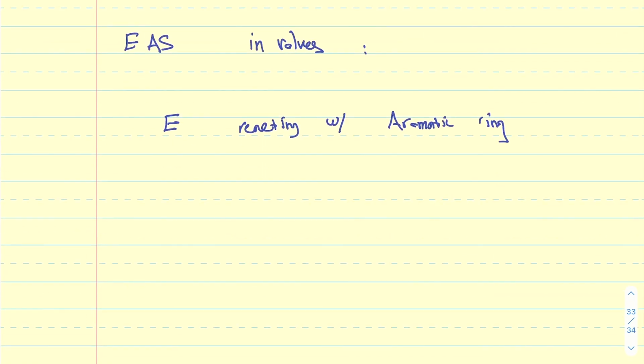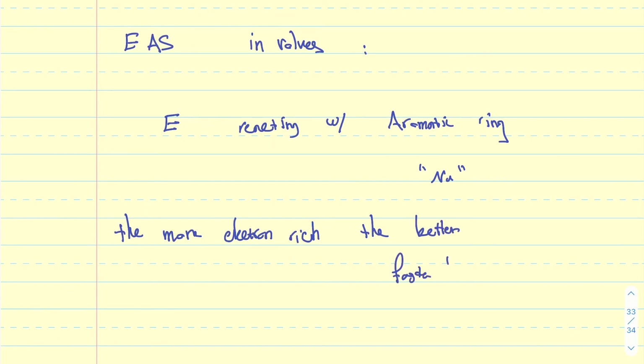Now, our aromatic ring is acting as a nucleophile here, so the more electron rich, the better. And by the better, I mean the reaction is going to be faster.